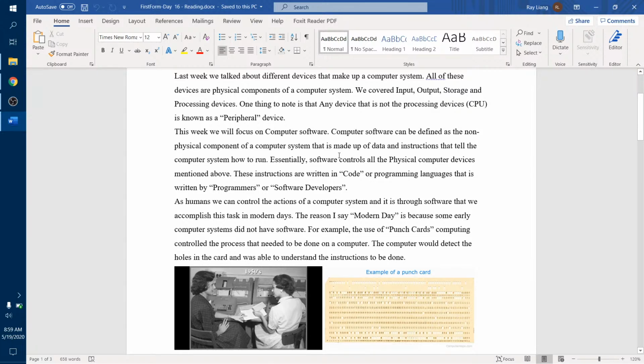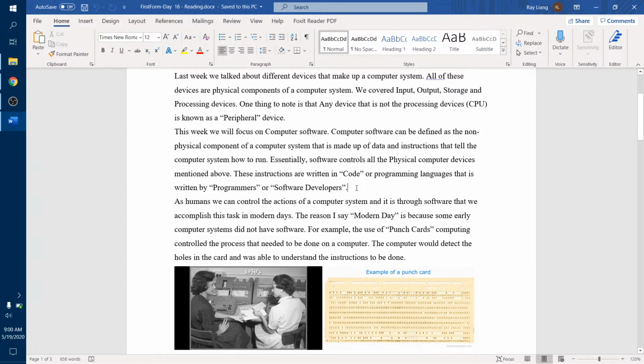Computer software is created by software developers and programmers. We do this by writing code, what you commonly see in movies nowadays and maybe online, and I'm sure some of you are actually coding yourselves. I have some students in mind already that I know are coding, and programming is actually one of the fields that you could really get into early.